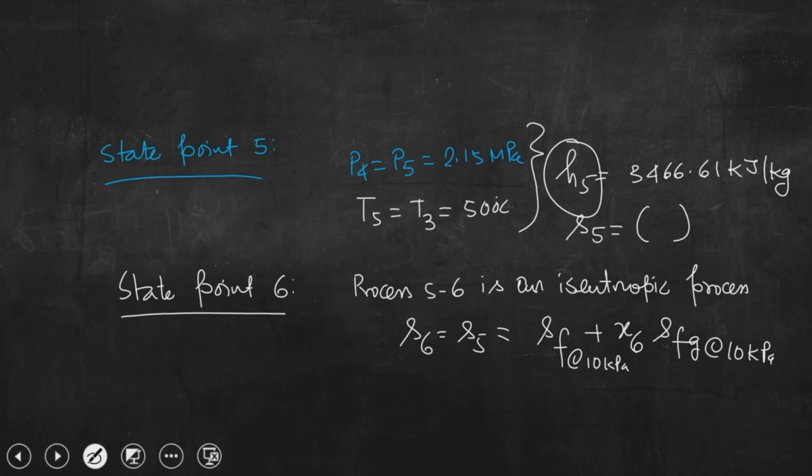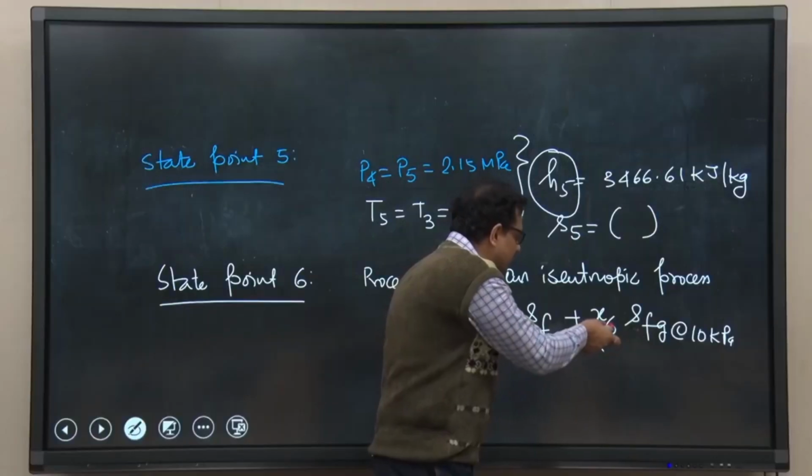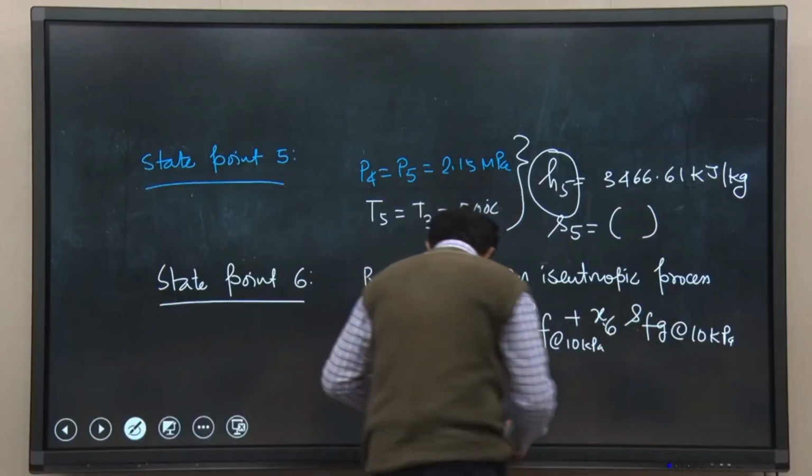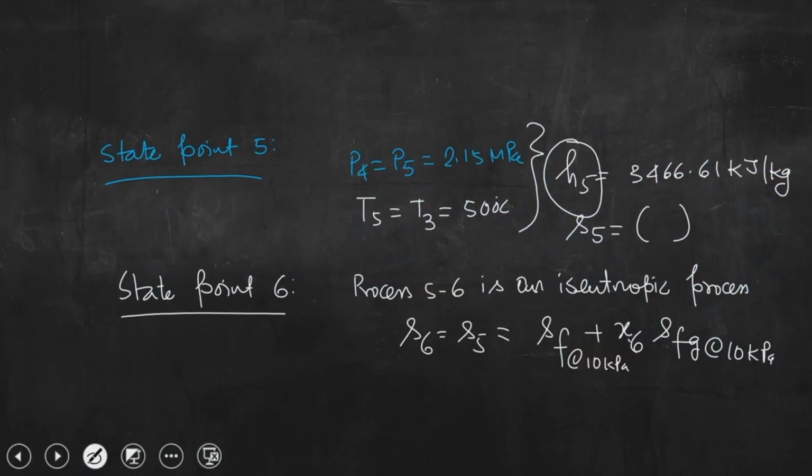Since the process is isentropic, S6 should be equal to S5, and S6 is nothing but Sf at 10 kilopascal plus X6 into Sfg. If we calculate, S6 equal to 0.6492 plus X6 into 7.4996, and this S6 equal to 7.3988.